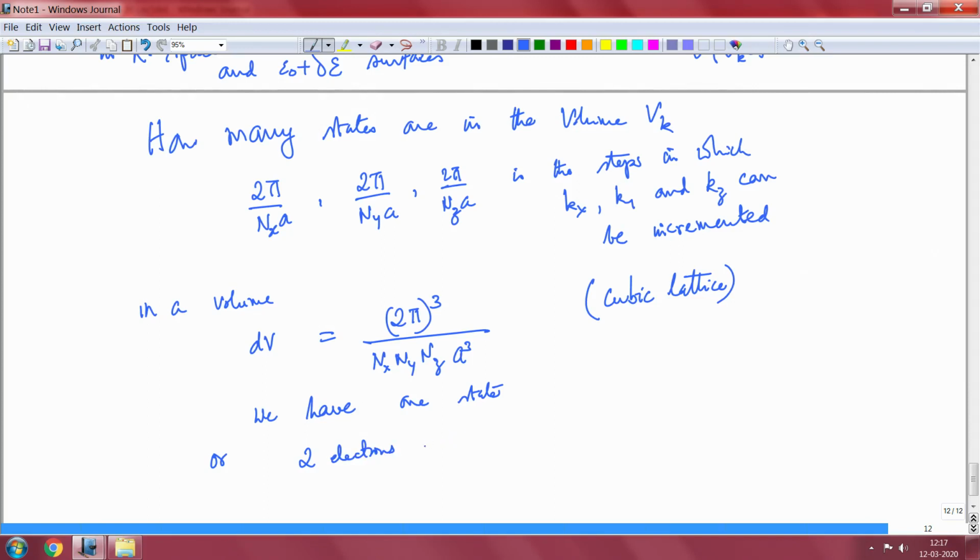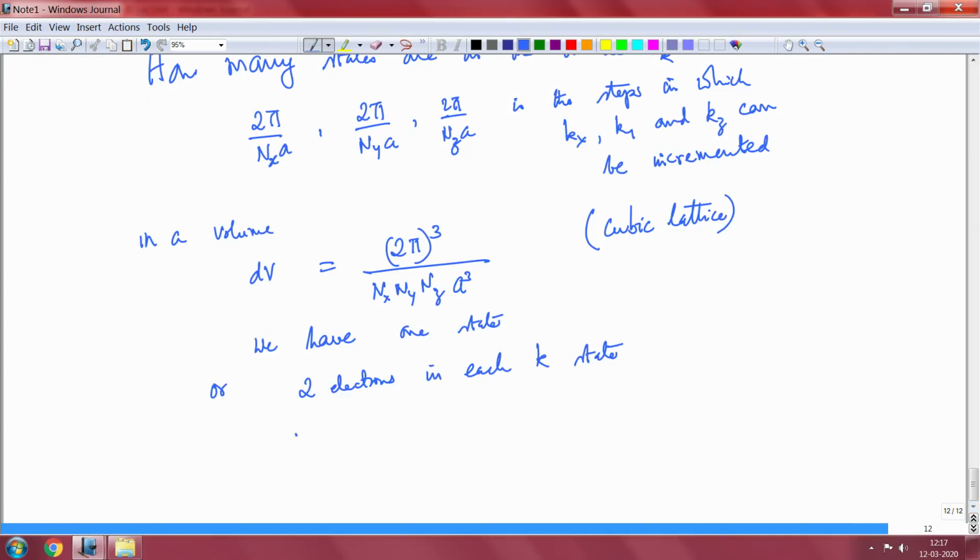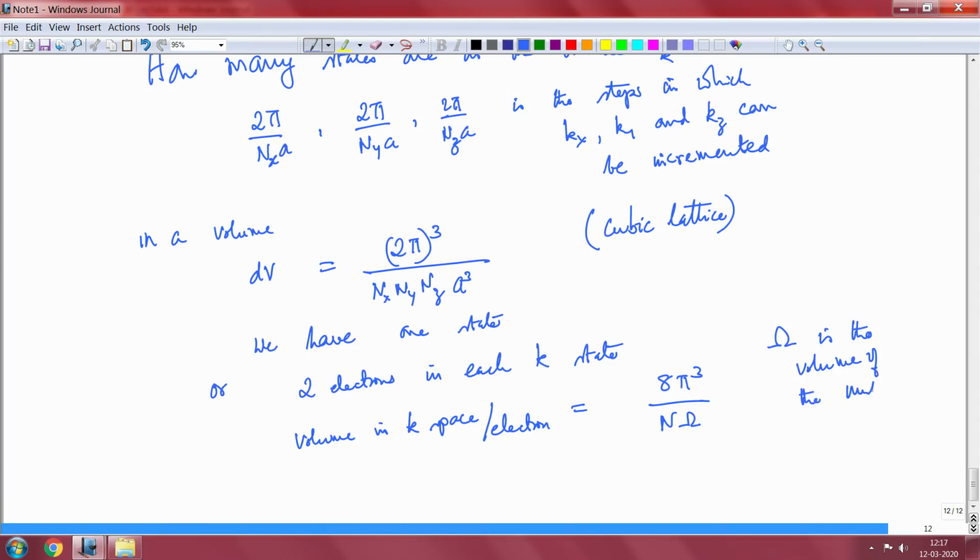So, 2 electrons in each state, and this volume in k space per electron is equal to 8 pi cubed by n times gamma, where gamma is the volume of the unit cell, divided by 2 to take care of the spin of the 2 electrons, up and down.